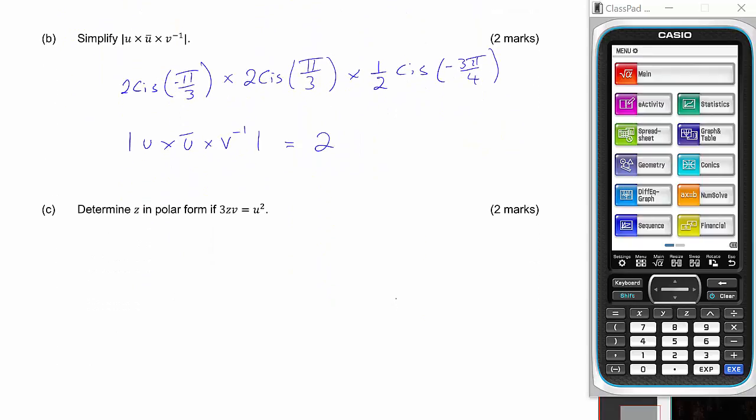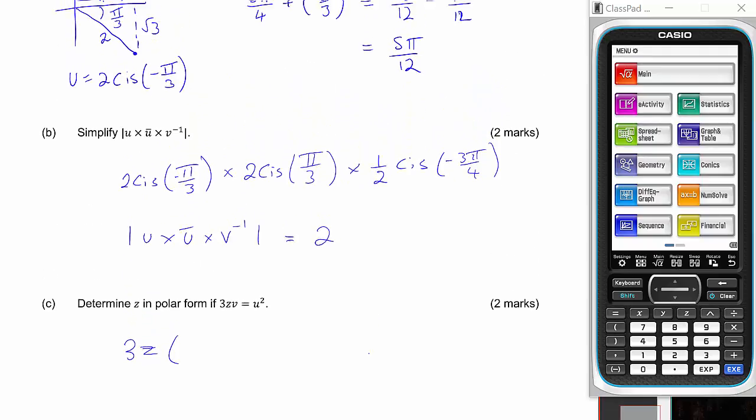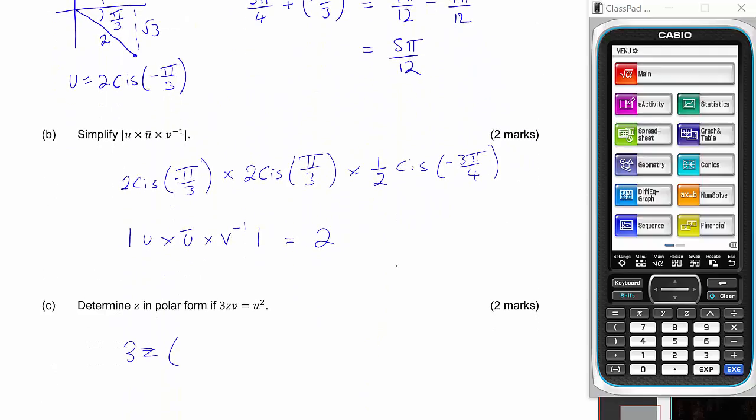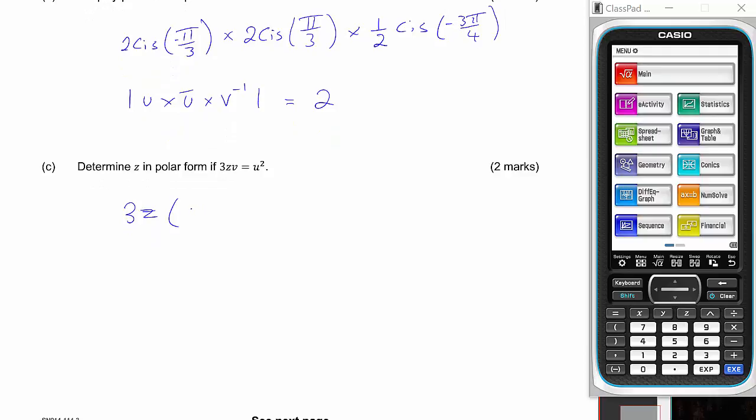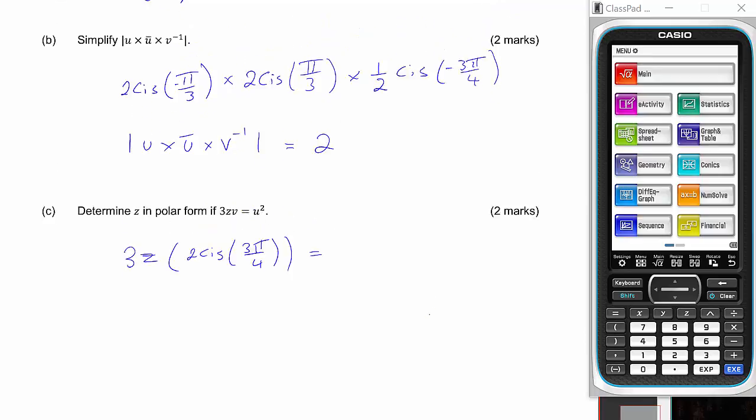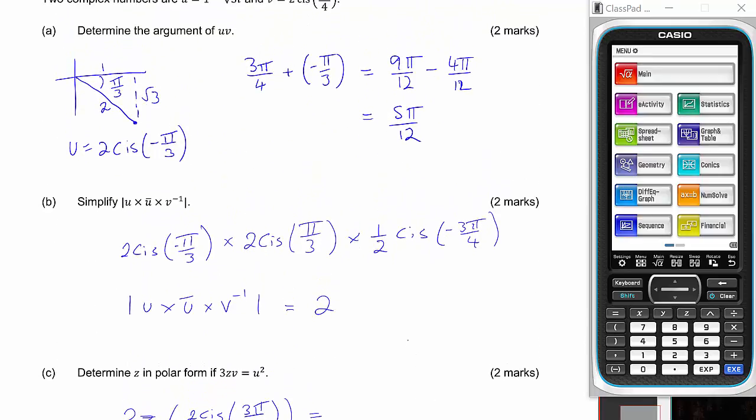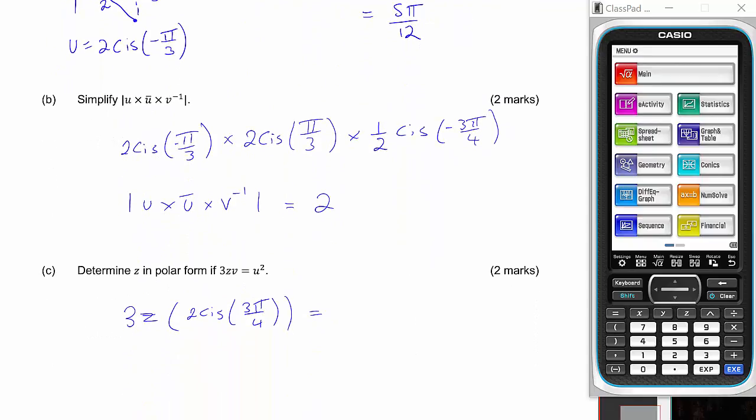And then we want to determine z in polar form if 3zv is equal to u squared. So that's 3 times z times v, which is 2 cis 3 pi by 4, is equal to u squared, and u squared would be 4 cis negative 2 pi by 3.